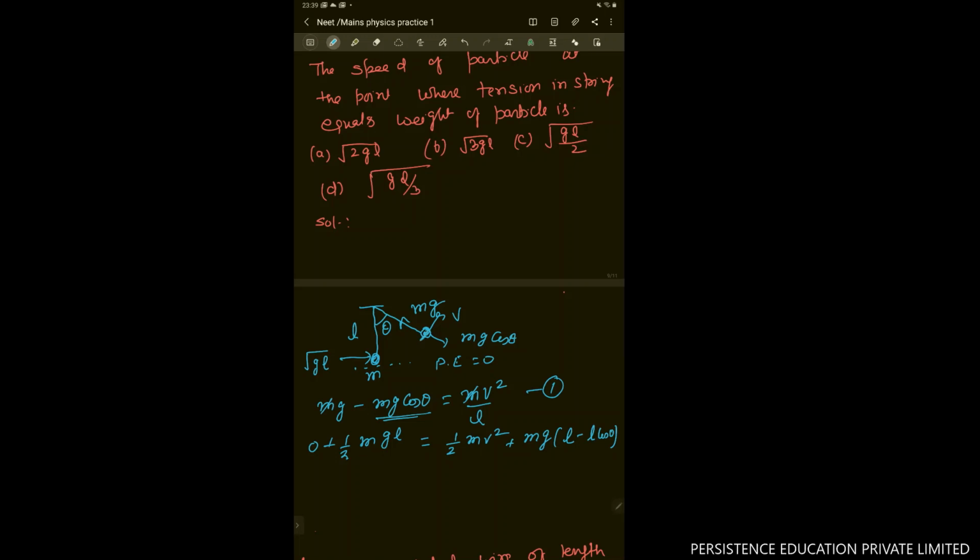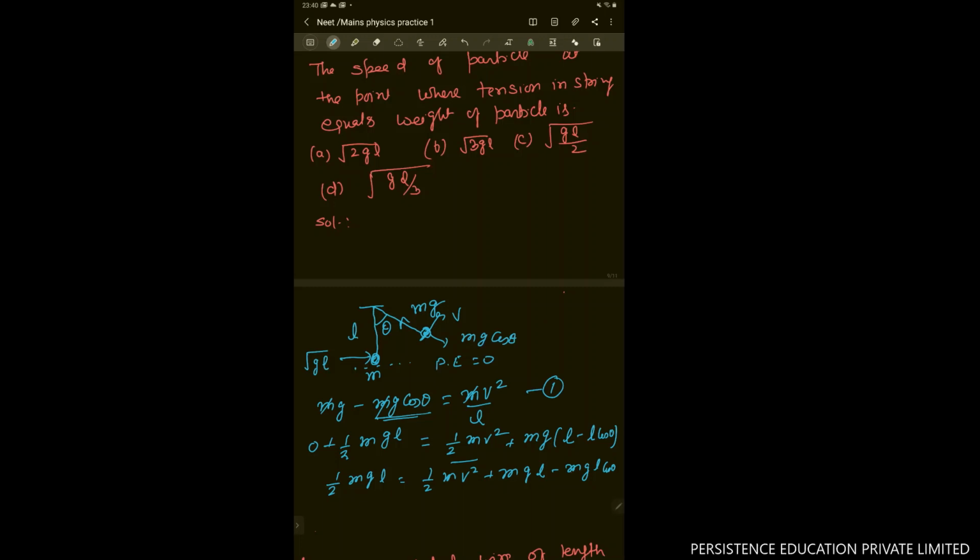So what we can take is half mv square plus mgl minus mgl cos theta. So m we have cancelled, so we are looking for the value of g cos theta.